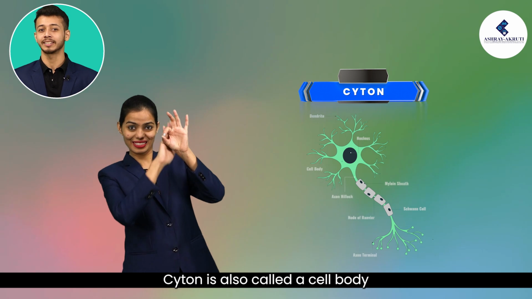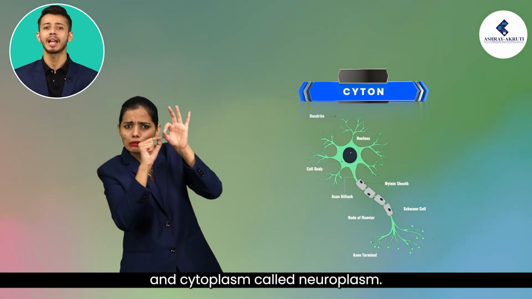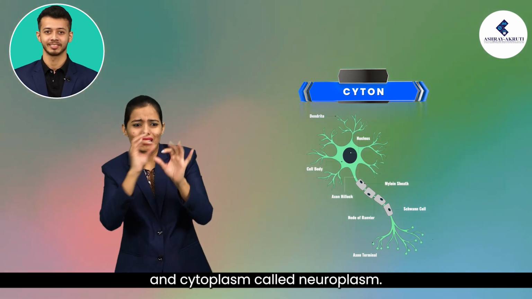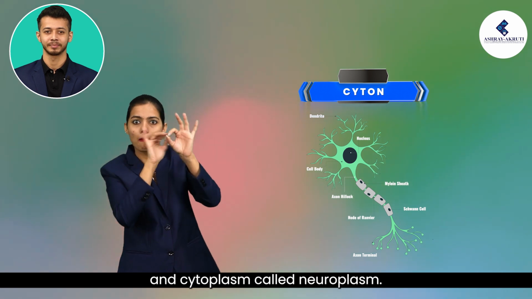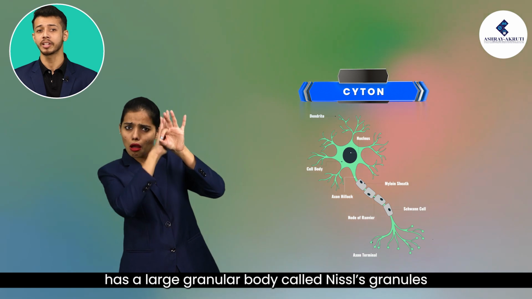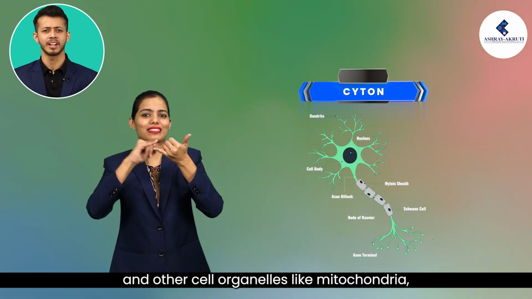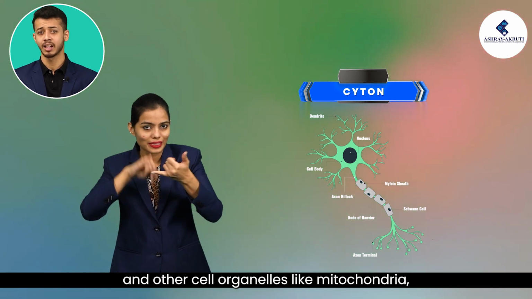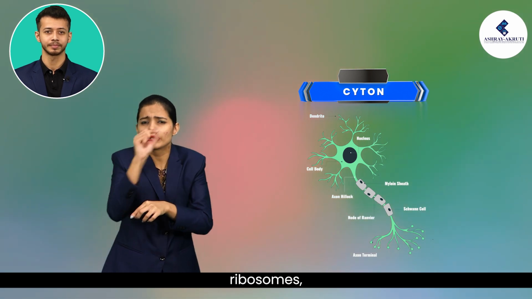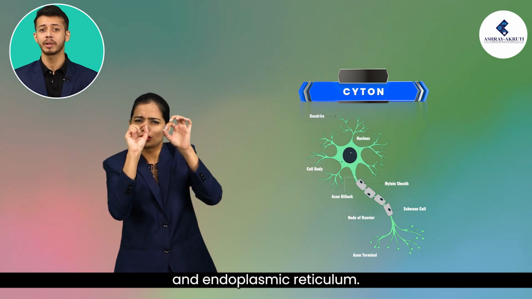Cyton is also called a cell body or perikaryon, having a central nucleus and cytoplasm called neuroplasm. The cytoplasm has large granular bodies called Nissl's granules, and other cell organelles like mitochondria, ribosomes, lysosomes, and endoplasmic reticulum.